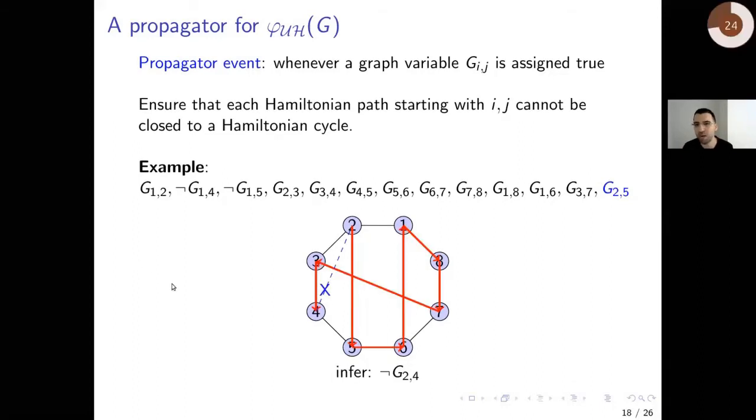So the propagator finds one Hamiltonian path, and to ensure that it cannot be closed to a Hamiltonian cycle, the propagator forbids the edge 2,4, or in other words, it sets the variable G24 to false. The propagator continues and finds more Hamiltonian paths, and for each of which it forbids the corresponding edge, so that these Hamiltonian paths cannot be closed to a cycle.